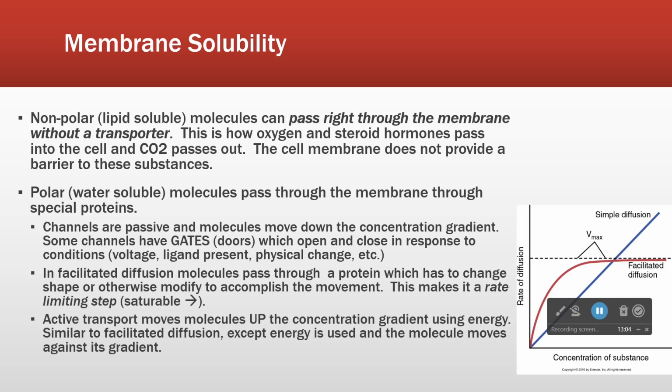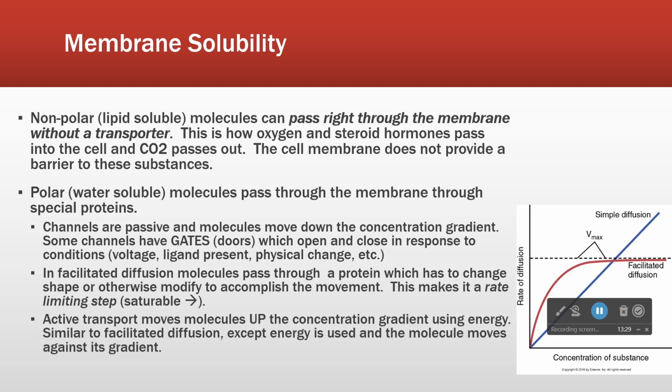But those are channels, okay? Channels allow for diffusion, movement down the concentration gradient, right? So never backwards, okay? If you're going to move something from low concentration to high, you need a pump for that. If you want to go from high to low, you just need a channel or a facilitated diffusion molecule.